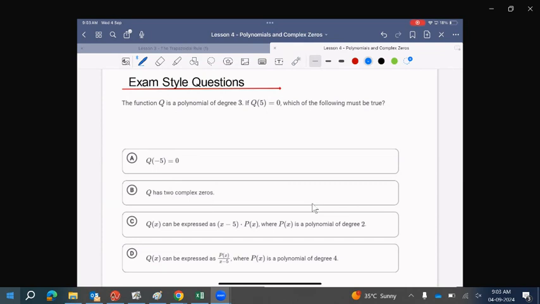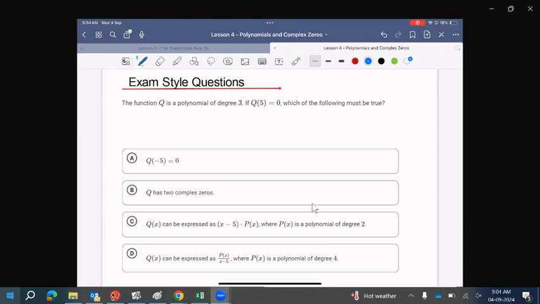Which is the right answer. Function is degree 3. Q of x equals 0. Therefore, it must be true. No. All right.